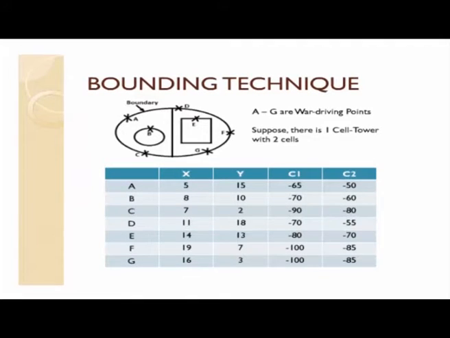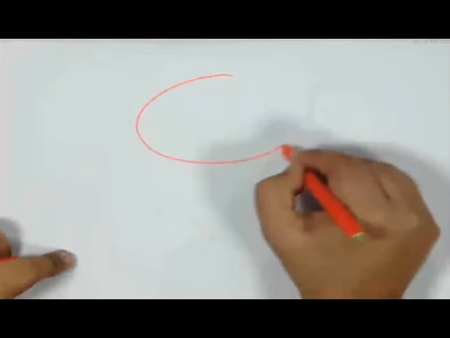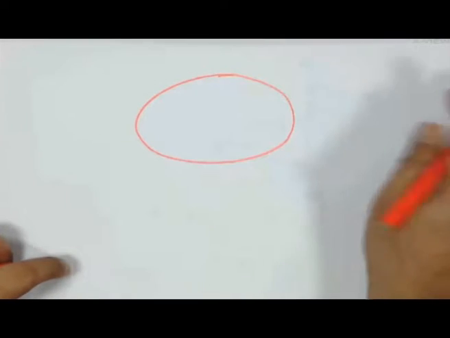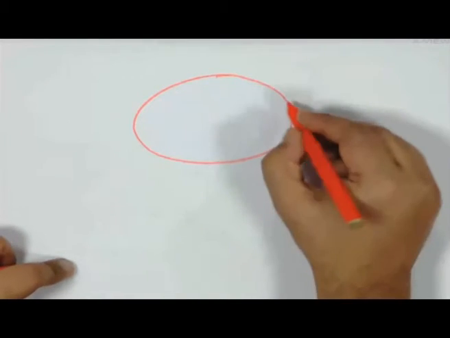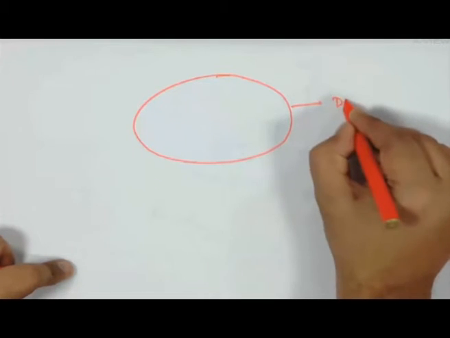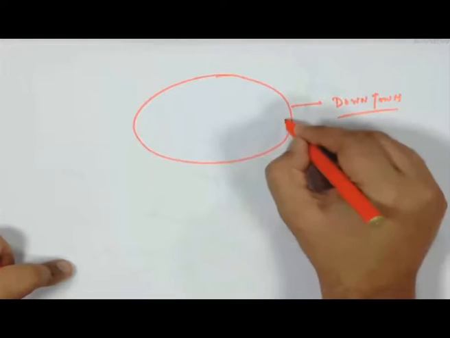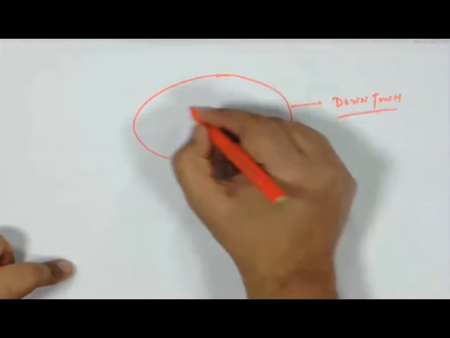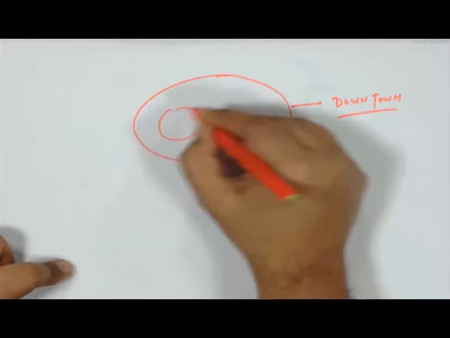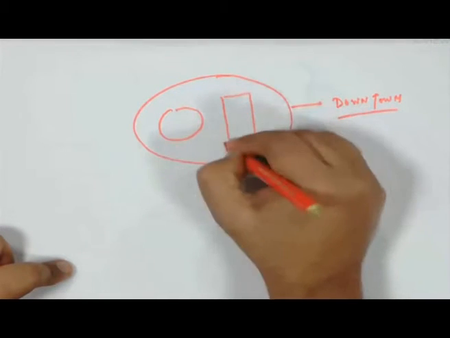So once you have learned this, now I show you a picture. What is happening is that we are driving. So this is a bounding technique. So we are considering a bounded area, and this bounded area may be downtown. Okay, and the car is moving, and you see there are inside roads also. It's not that there is only road at the perimeter.